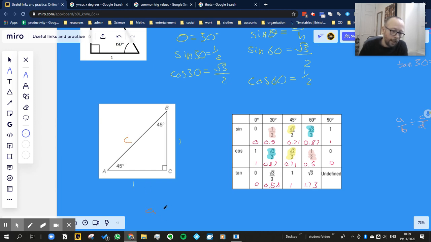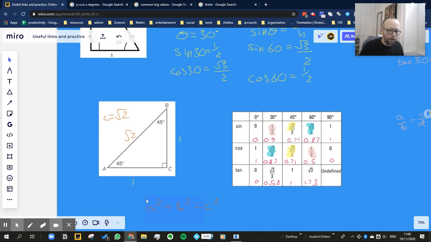And we know that A squared plus B squared is equal to C squared. So quick bit of rearrangement, you're going to do 1 squared plus 1 squared, and therefore C will be equal to the square root of 2.